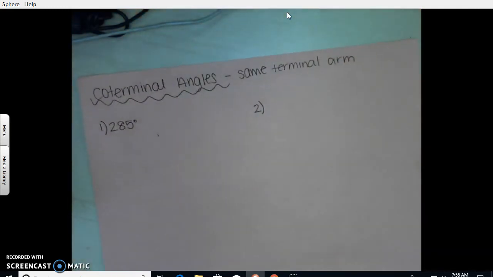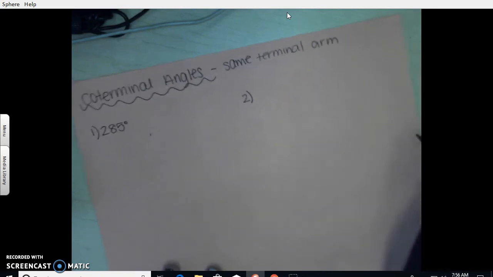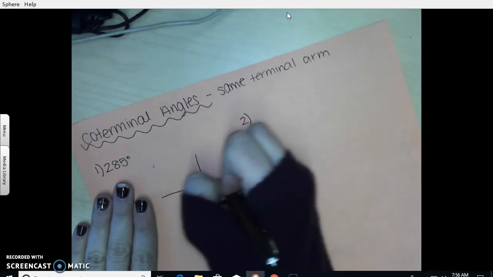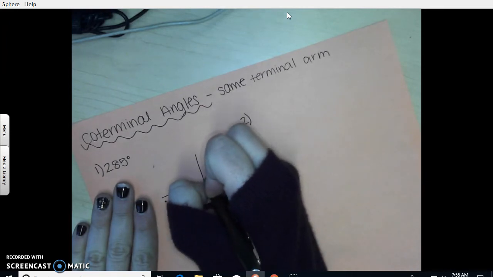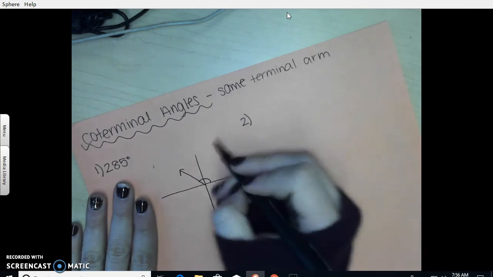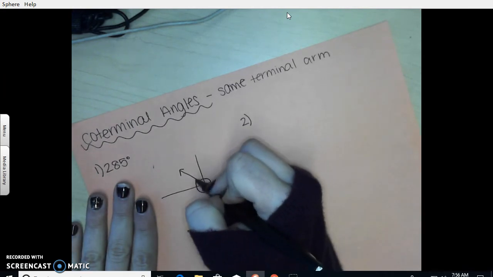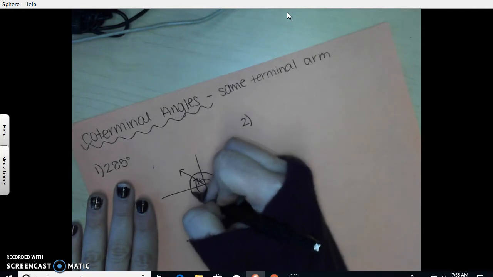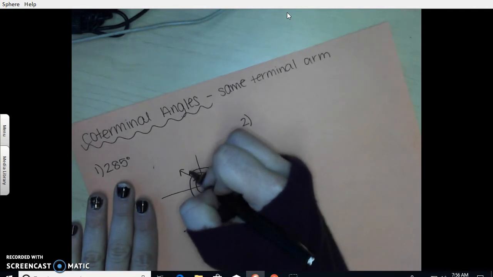And then we have what are called coterminal angles. Coterminal angles means that we have the same terminal arm. So angles with the same terminal arm mean we could be there, we could go a negative way and end there, or we can go all the way around our circle and end there.